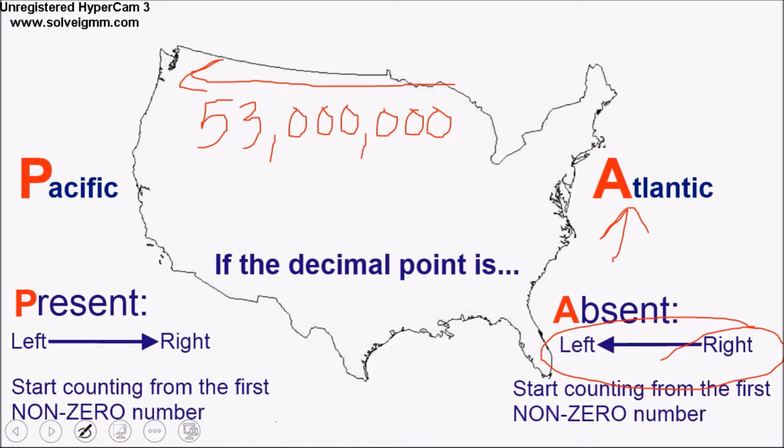So as we're scanning the number from right to left, the first non-zero digit this time is the 3. So that would be our first non-zero digit and our first significant digit. The second non-zero digit is the 5. So that would be our second significant digit. So this number, although it has 6 zeros after it, only has 2 significant figures.